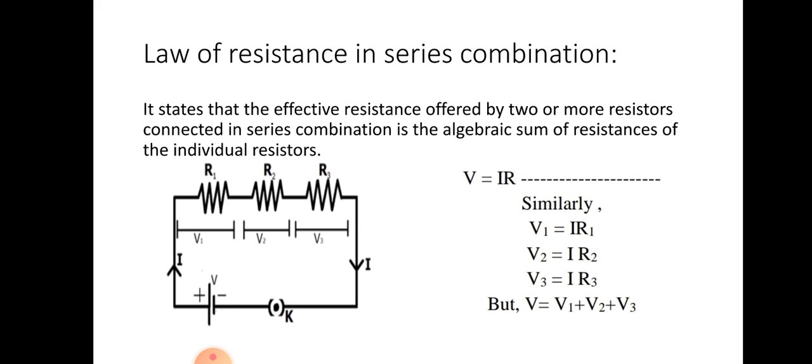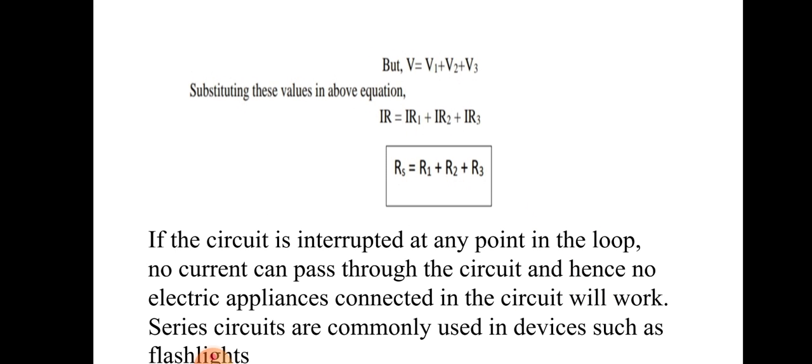Now we will substitute the values of V1, V2 and V3 in the formula, and we'll get the effective resistance, which is equal to R1 plus R2 plus R3. Current is the same through all the resistances.